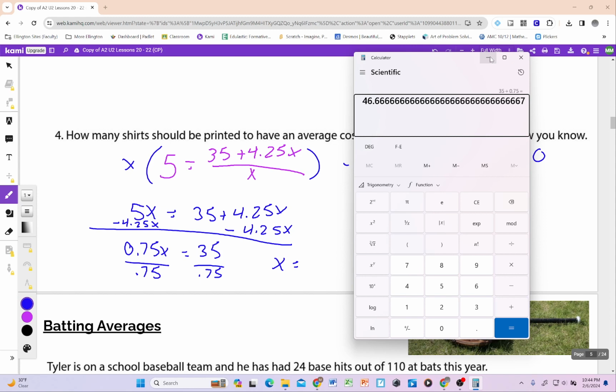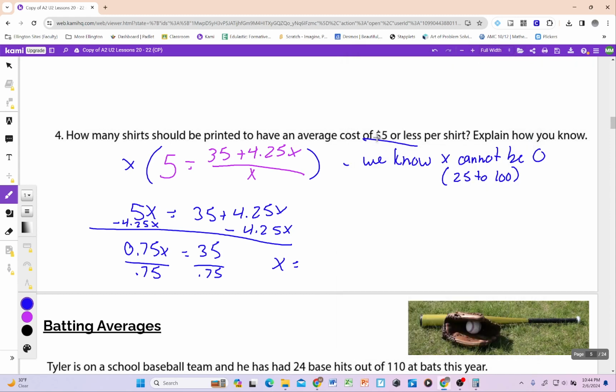46.6 repeated. Okay, now we can't sell 2/3 of a t-shirt. And we also know that we want to get 5 or less, right? But when we think about it, in order to get the average to go down from 5, we have to go up on the number of t-shirts, right?